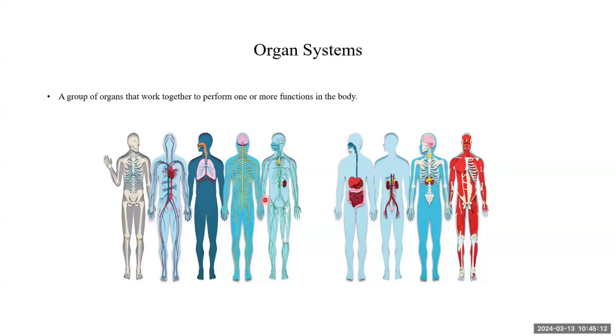This one is called the lymphatic system. The lymphatic system has different vessels in the body which collect extra fluid from our tissues and return it to the cardiovascular system.